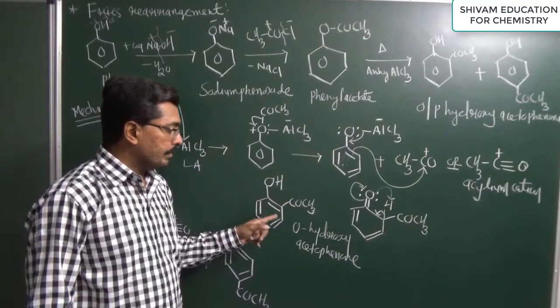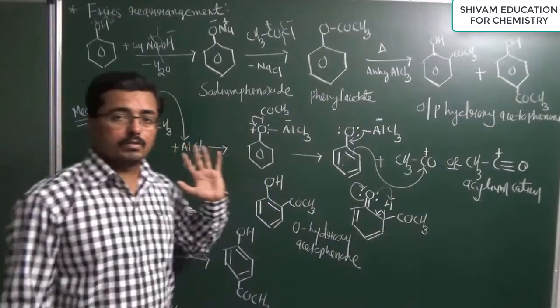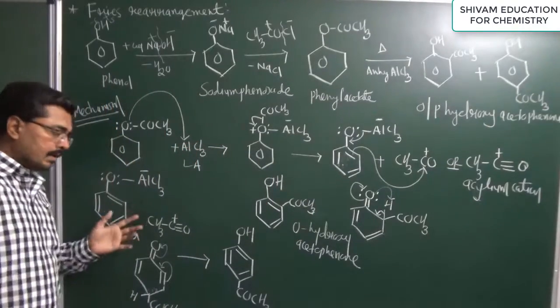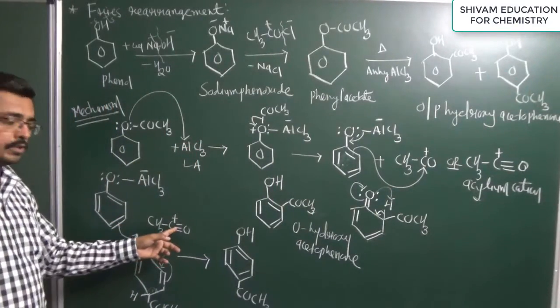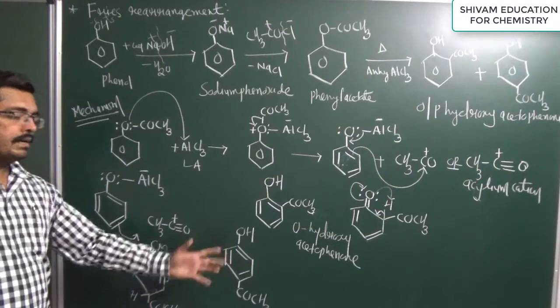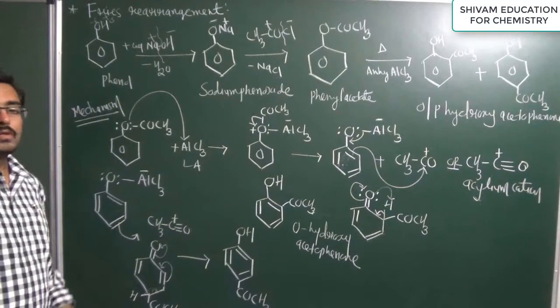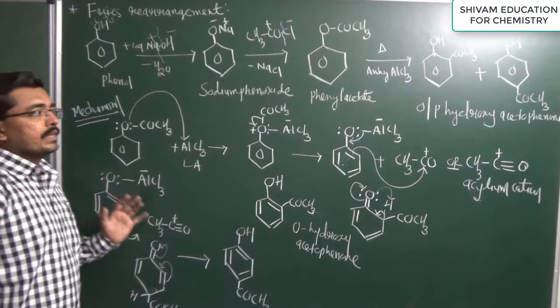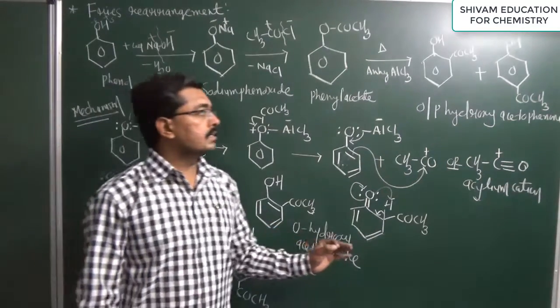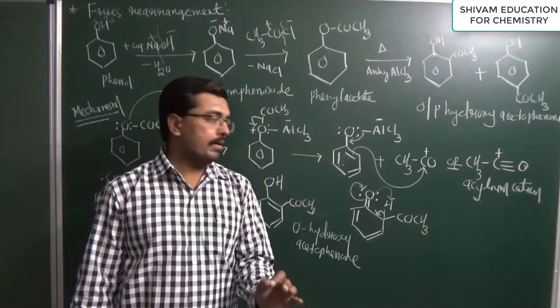A double bond forms between carbon, and as a result we get the orthohydroxy acyl product of phenol. Similarly, if the attack occurs at the para position, we get the para hydroxy product of phenol. So this is the Fries rearrangement reaction. By using this, one can prepare different types of ketones.